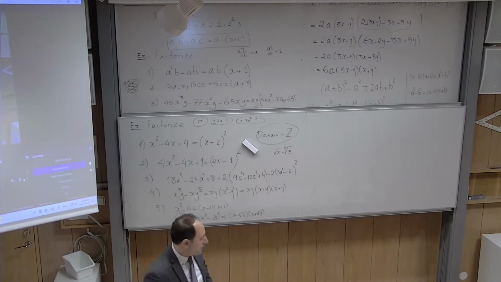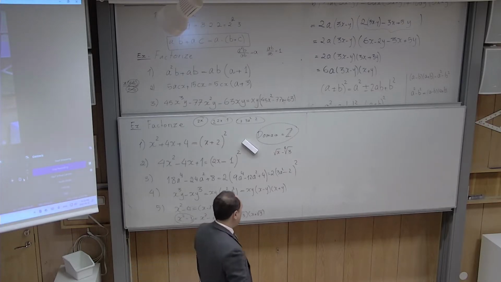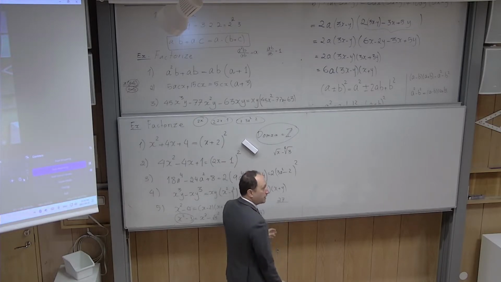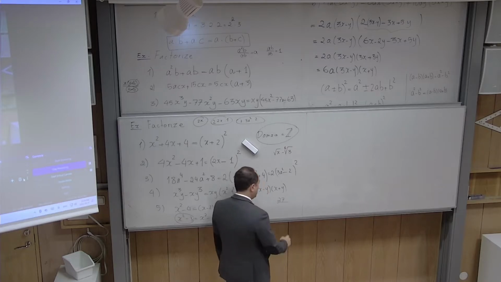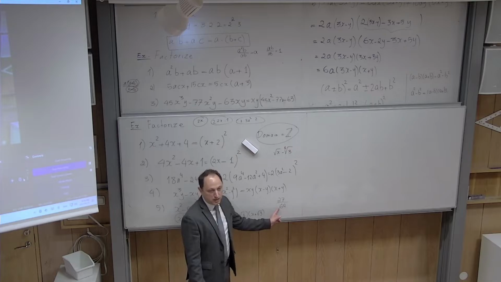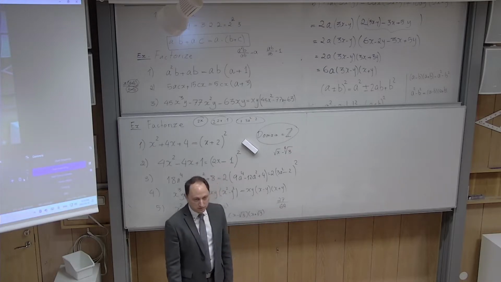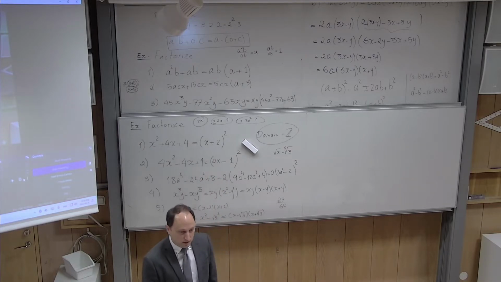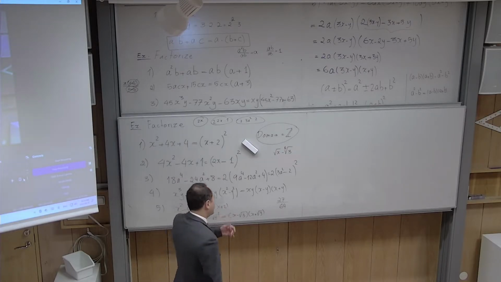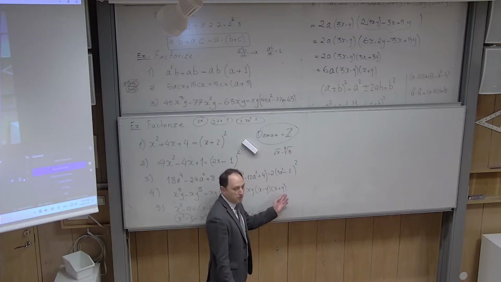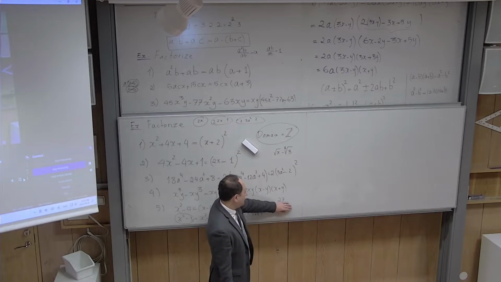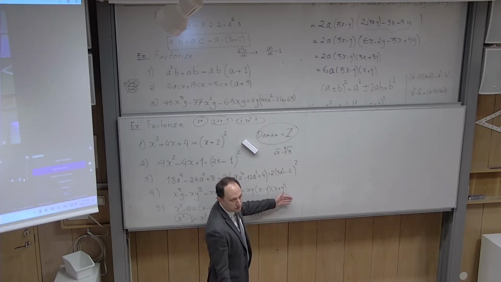So even in numbers, for example, 27 over 64, it's not a sensible question to ask to factorize this number. Or if you think it is sensible, I need to give you the convention. We don't talk about factorizing a fraction. We can say factorize its numerator or factorize its denominator.